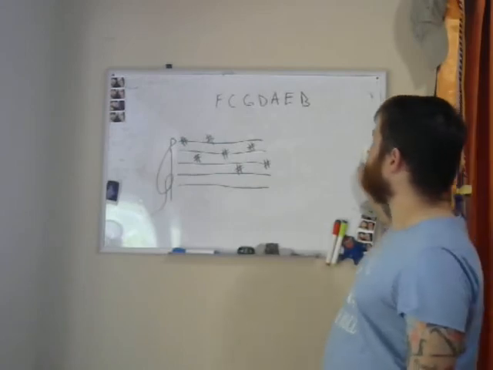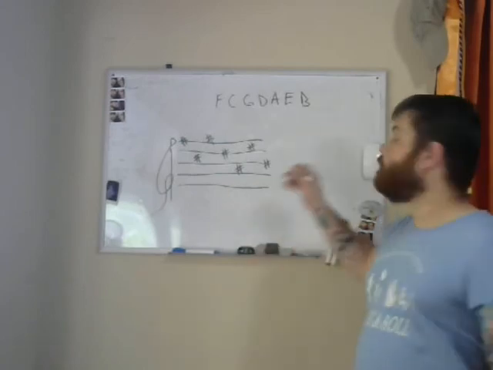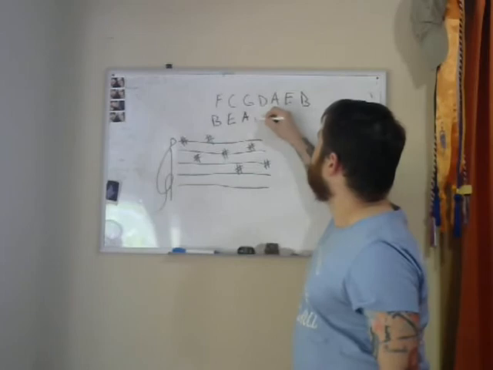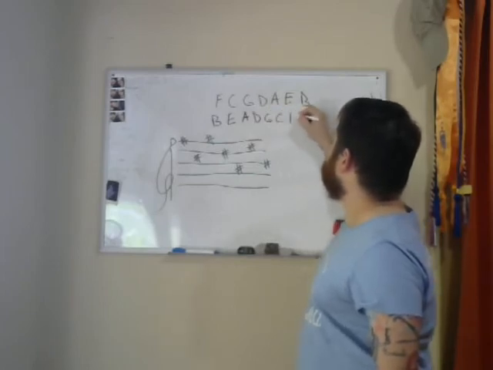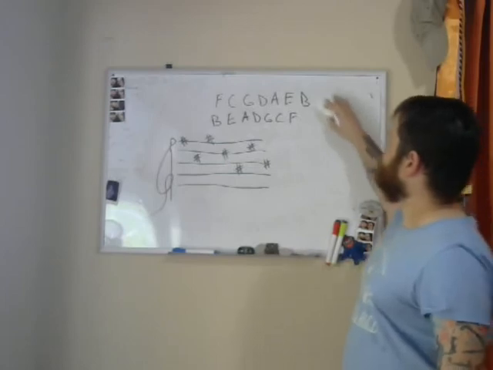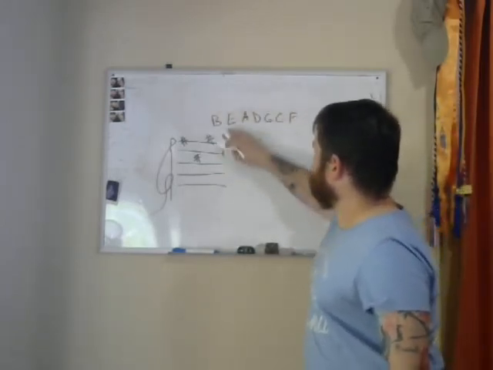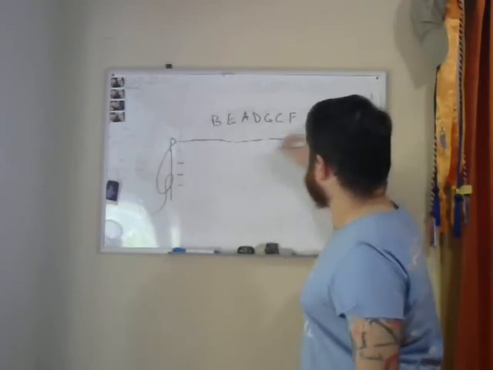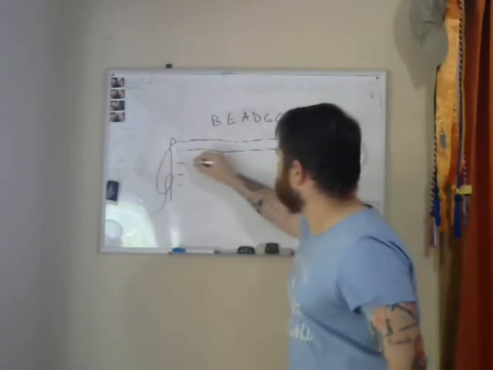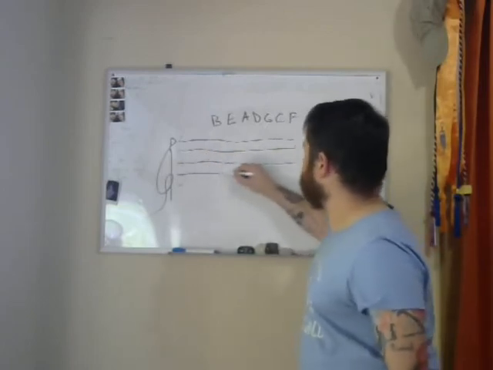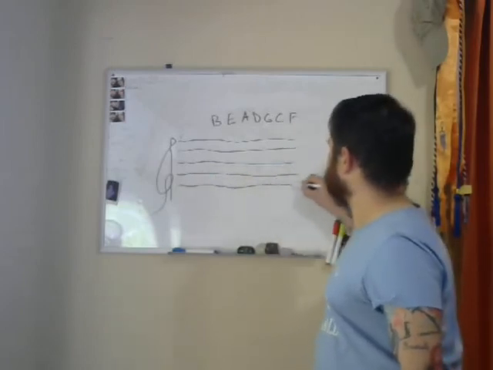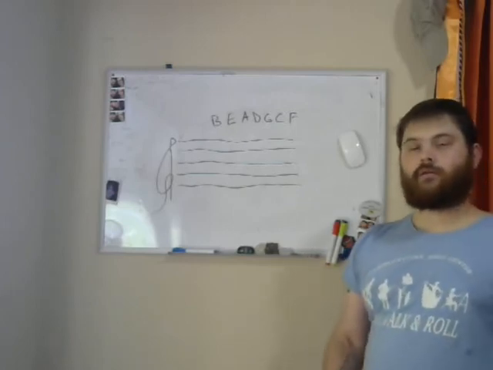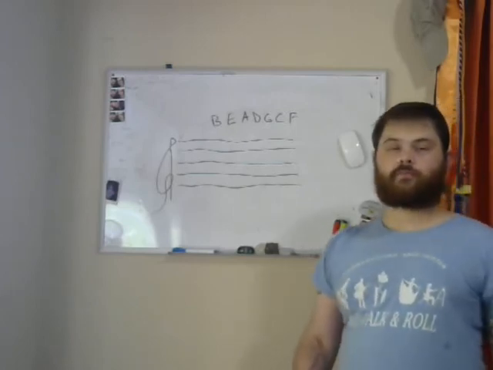Now let's talk about the flat keys, which is essentially the same thing backwards. So we have B, E, A, D, G, C, F. Same thing, except for this one is a little different.